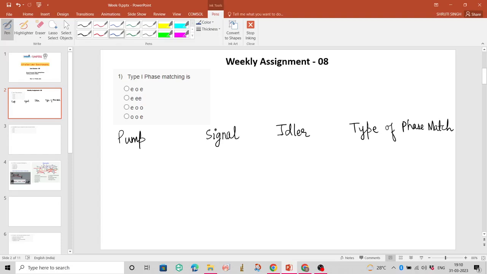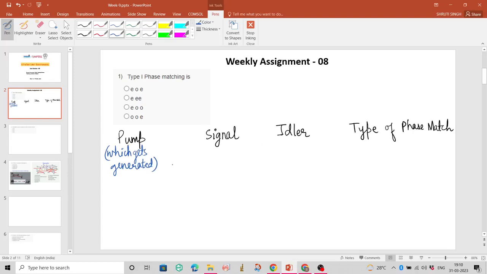In the first one, the pump is what gets generated, and the signal and idler are the two wavelengths which we feed in.